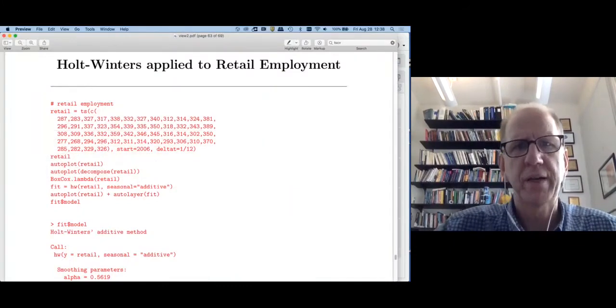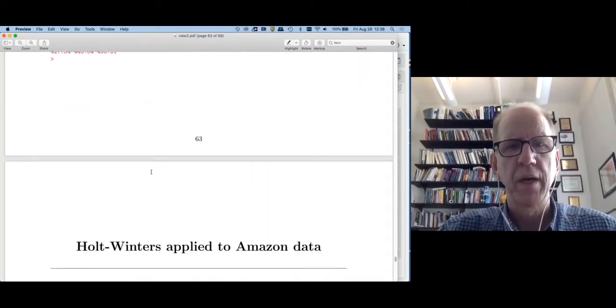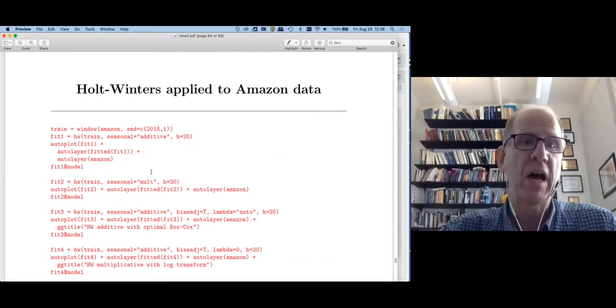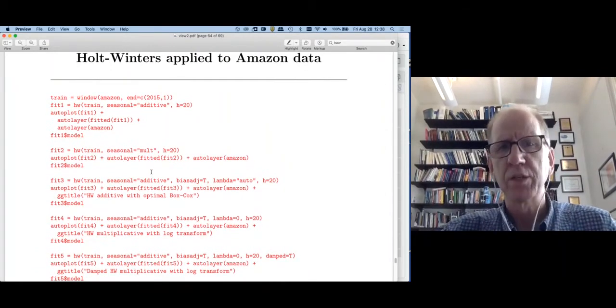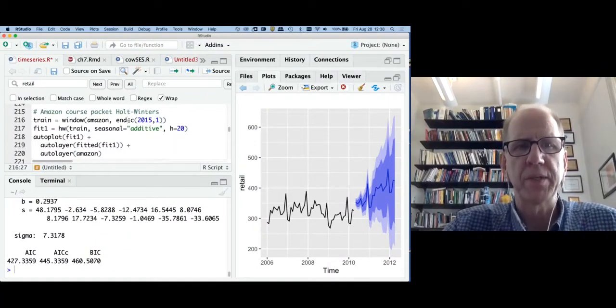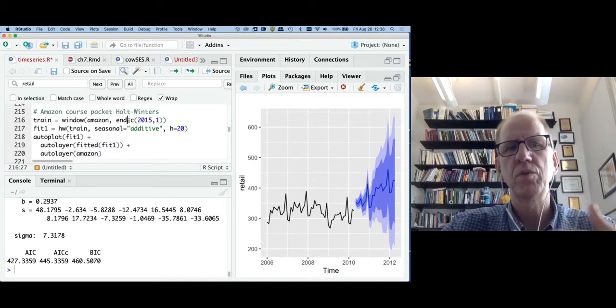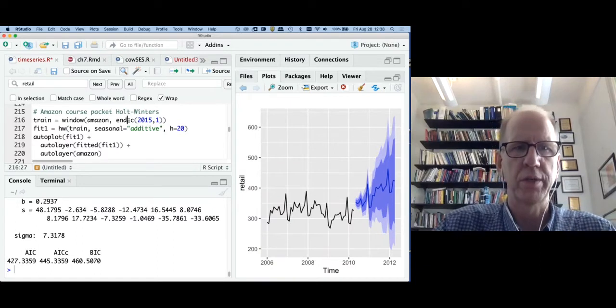Let's go back to the course packet for a minute, and I'd like to walk you through another example. You've got my code here, but there's a lot of output associated with it, so I think it's better to do this live. So we're going to head back to R. We're going to fit a model for the Amazon data. However, I'm going to use a test and training set, and we'll use the test set to do some model selection on this.